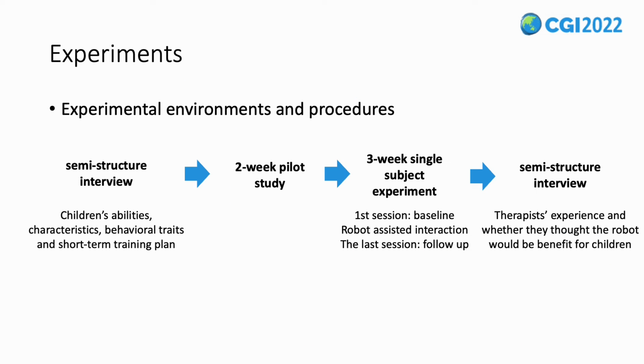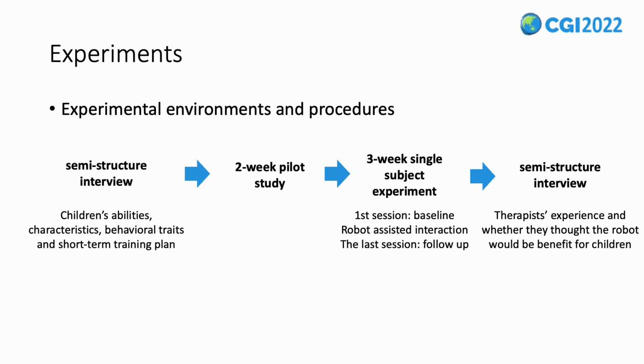For the procedure of our experiment, firstly, we interviewed the therapist to know each child's personal information. And then, before the formal experiment, we conducted a 2-week pilot study to test the robot's feasibility and ease of use. And for the formal experiment, we used single-subject design.